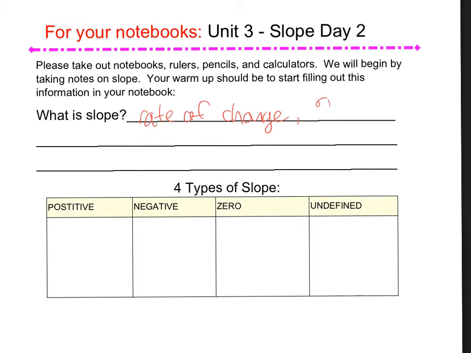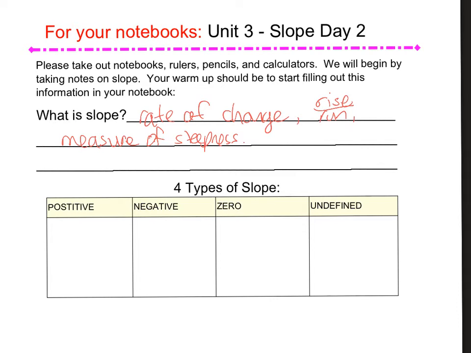We also know slope as the change of the rise over the run, and we also know that it's a measure of steepness. Those are all important concepts to remember, and we're going to use rise over run in this video. Basically, the main goal of this video is to be able to calculate slope looking at a graph or from 2 points, which is what I'm having you practice on Delta Math.